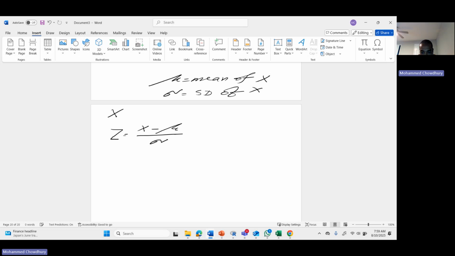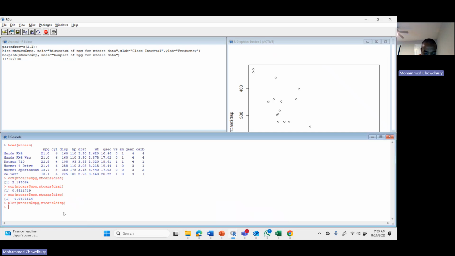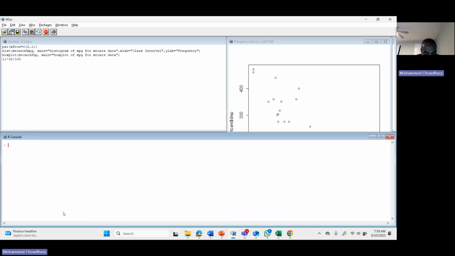So I have the data. Let me open R and see whether any data is in there. Suppose I have this data, mtcars$mpg. This is my X. In this X, I can compute the mean, which I write as avg, avg equals mean of mtcars$mpg.